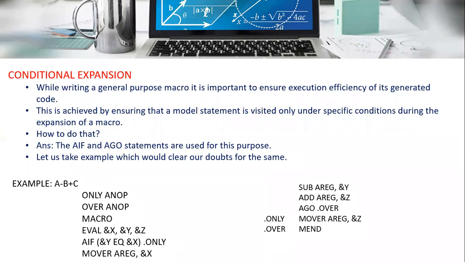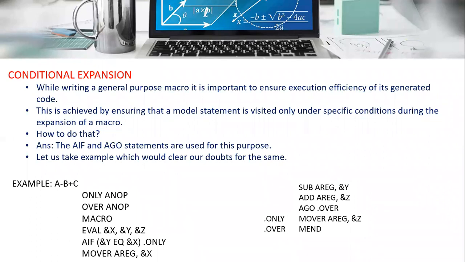To handle that situation, we can use the two statements discussed in the previous lecture: the AIF statement, which is similar to the if statement, and the AGO statement, which is the unconditional branching statement. We don't require any condition in the case of the AGO statement. Both statements are used with a corresponding label.